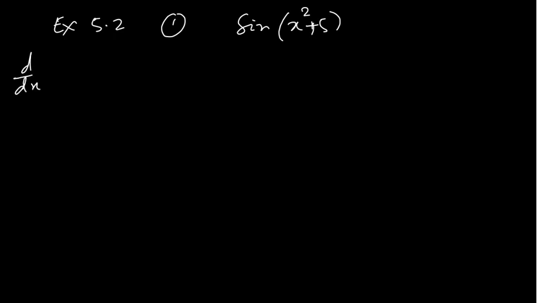First question, differentiate sine of x square plus 5. So you have to see, first of all, we have that list of formulas, right? Do you have d by dx of sin x? What was d by dx of sin x?